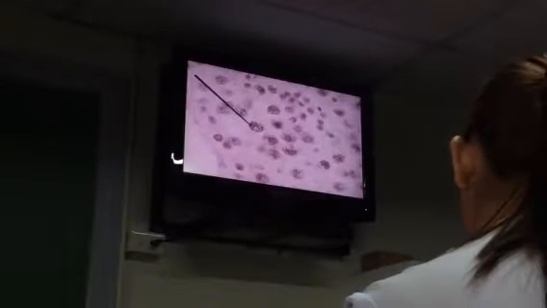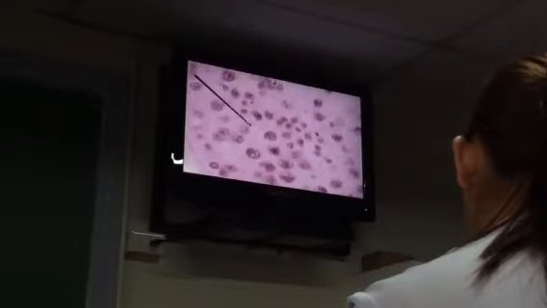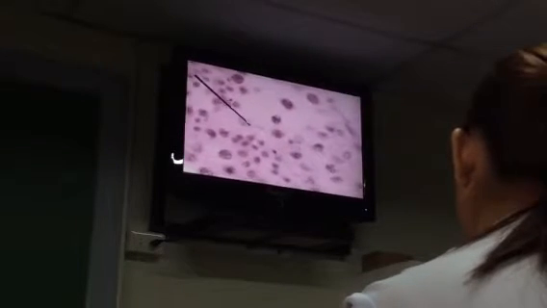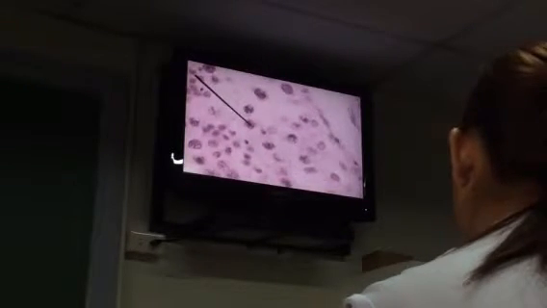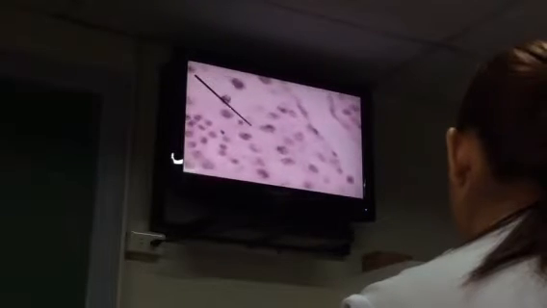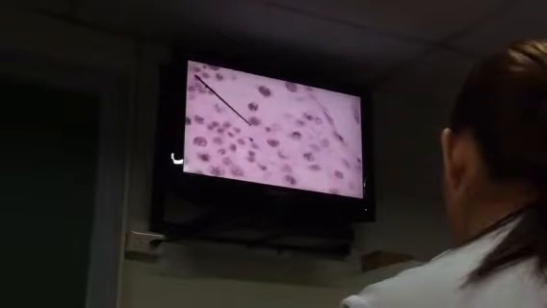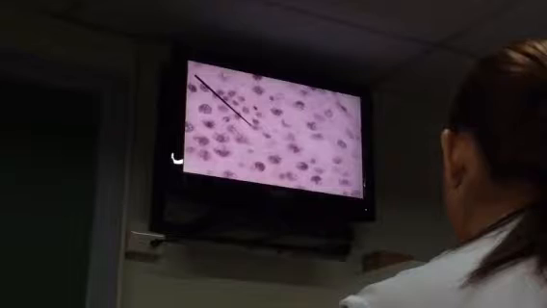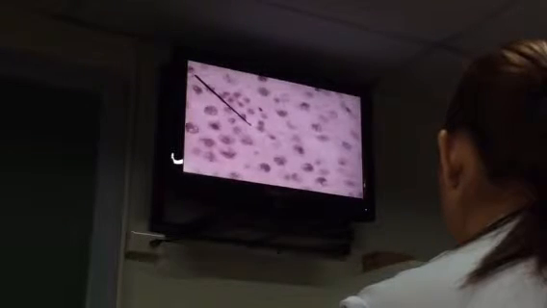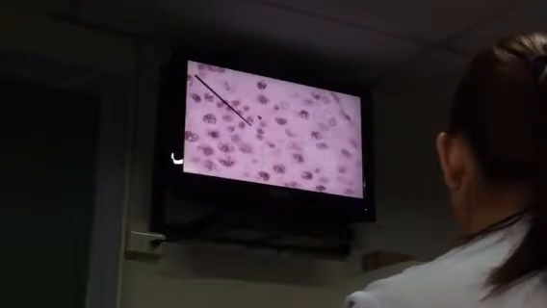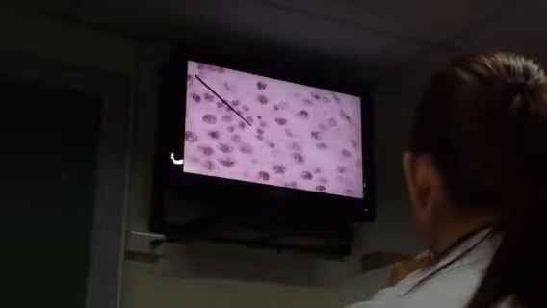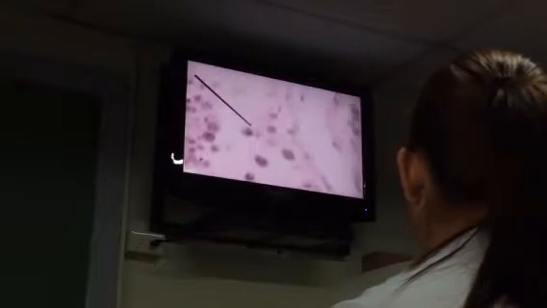So if you see small round structures very near the lumen, especially like this, itong maliliit na to, this is now your spermatid. Itong mga maliliit na yan, these are all spermatids. If, on the other hand, let me just look for a better one.